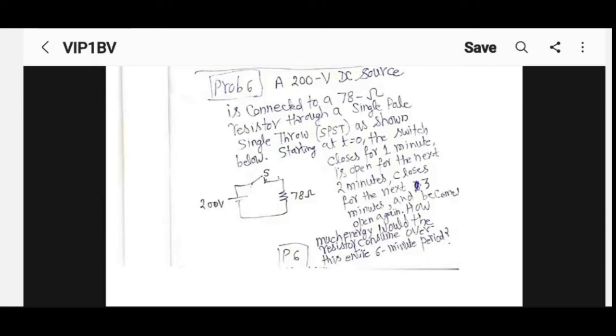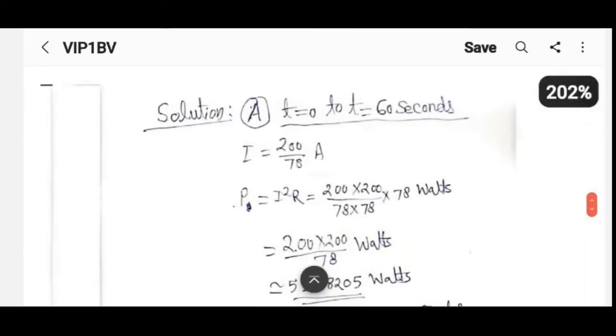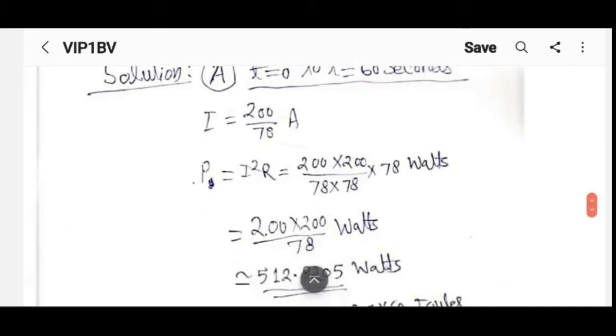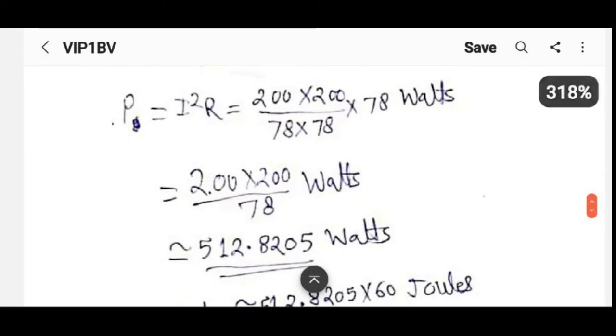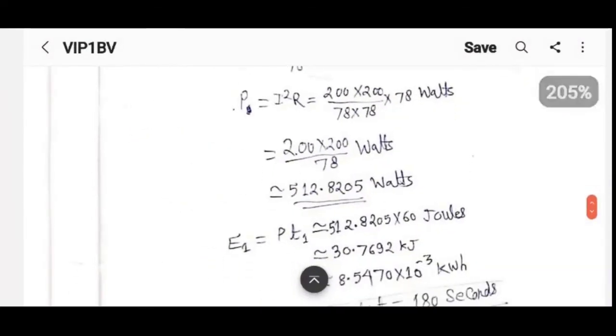Okay, let's see how we handle this. In the first time interval, we have t equal to 0 to t equal to 60 seconds. Current obviously is 200 divided by 78 amperes. Power is easy to figure out. It turns out to be 512.8205 watts approximately. Energy will be this power multiplied by 60 seconds, and the answer would be in joules.